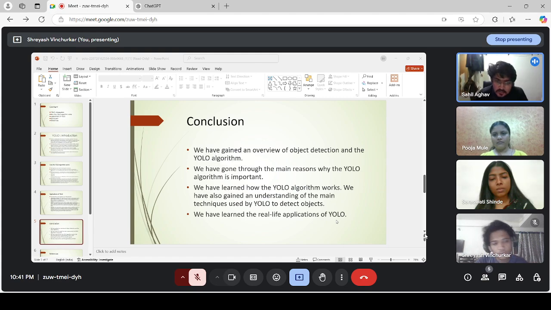We have also gained an understanding of the main techniques used by YOLO to detect objects. We have learned the real life applications of the YOLO algorithm. So this is the main conclusion about YOLO, and we covered 4 points.